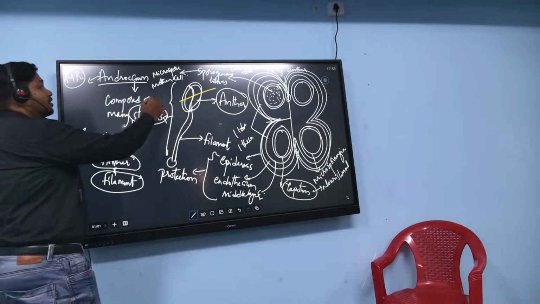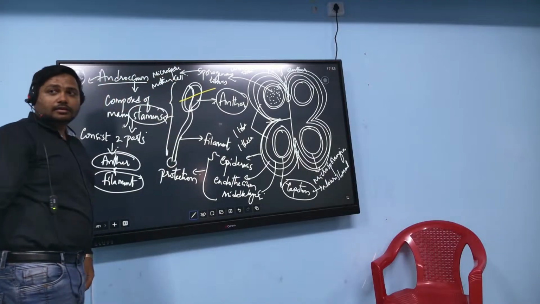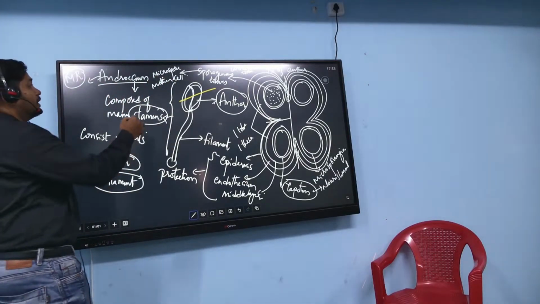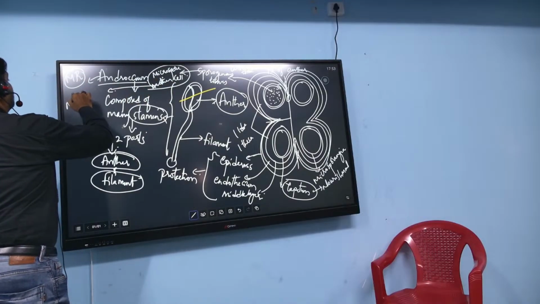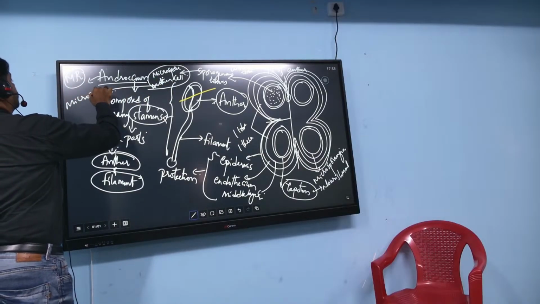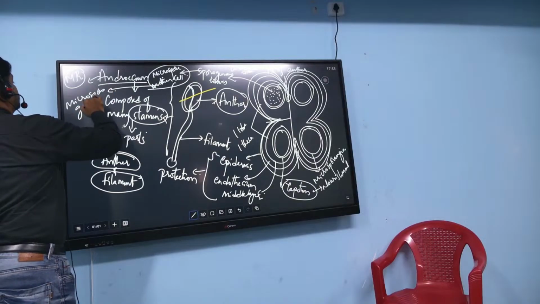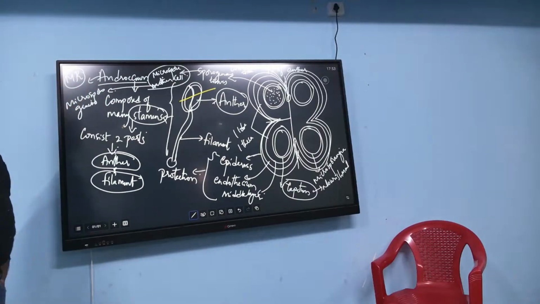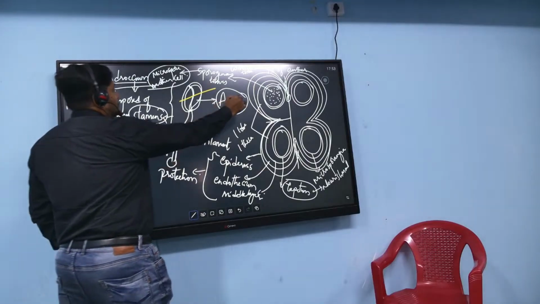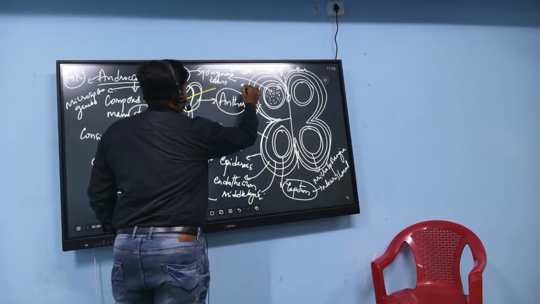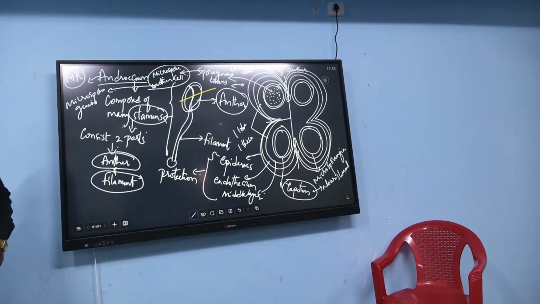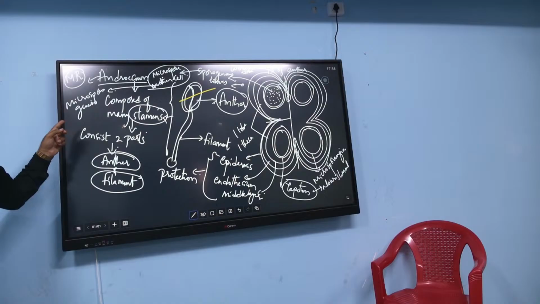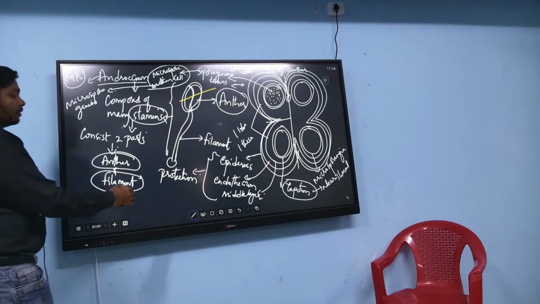Now, each microspore mother cell will next undergo a process called microsporogenesis. If you take one microspore mother cell, each microspore mother cell will undergo meiosis by a process called microsporogenesis to form how many?